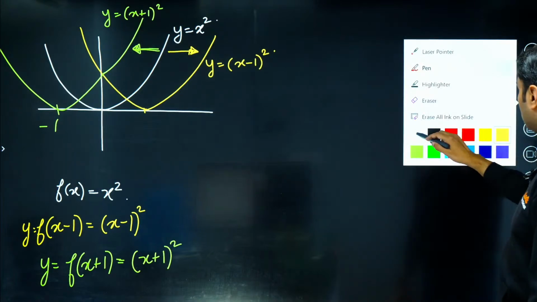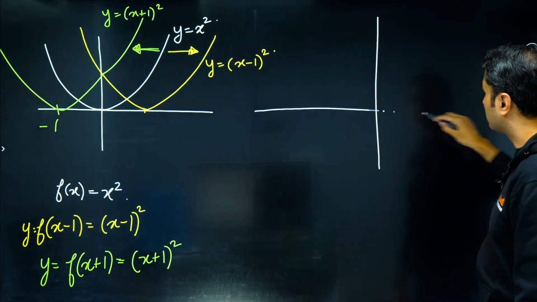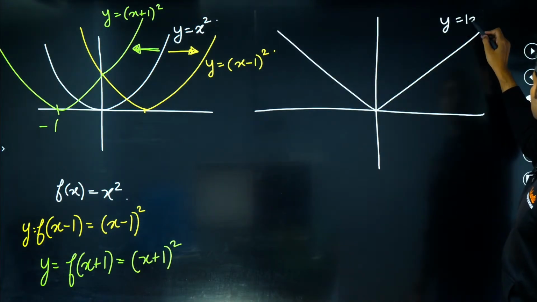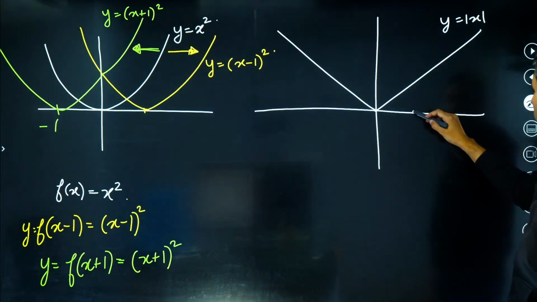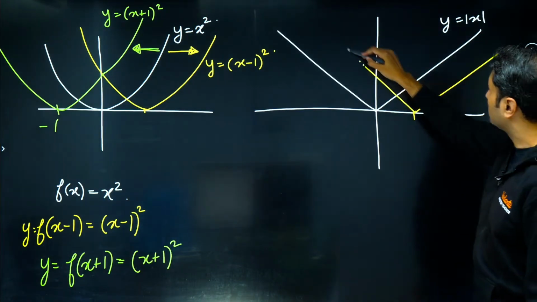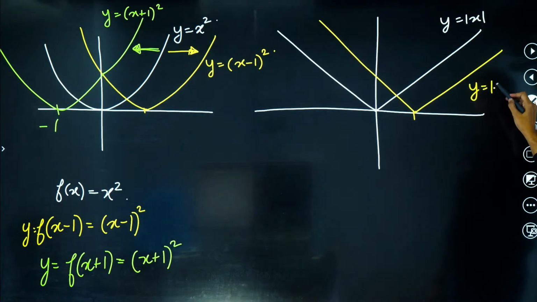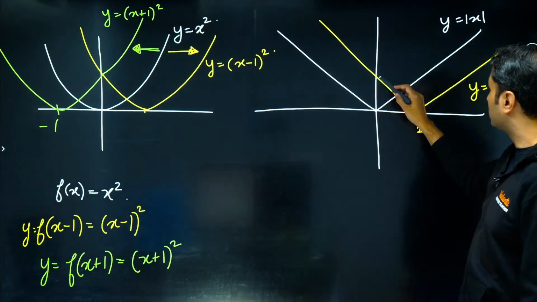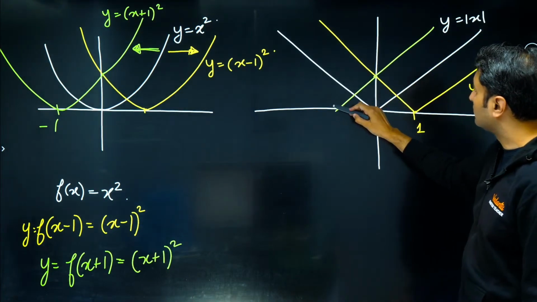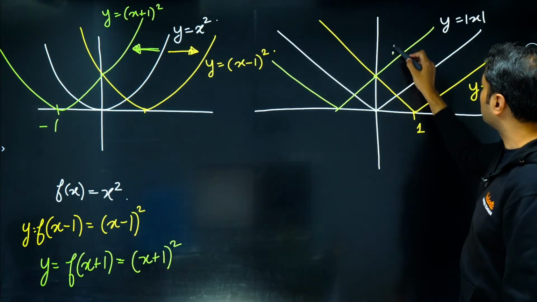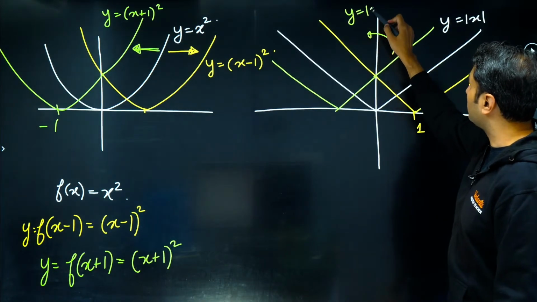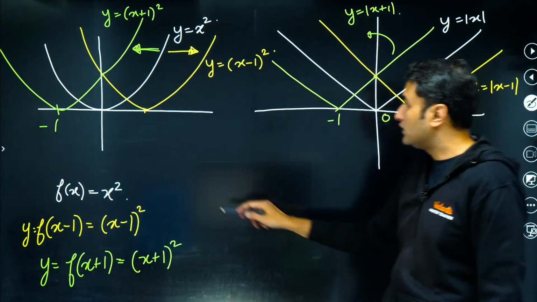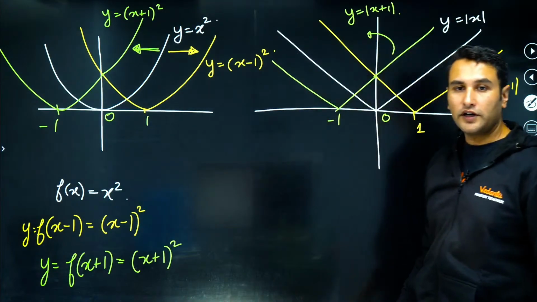And just for your summary, again quickly revising, y is equal to mod x, the yellow one, mod x minus 1, and the green one, mod x plus 1. Okay? All these: this is 0, this is minus 1, this is 0, this is 1. Got it?